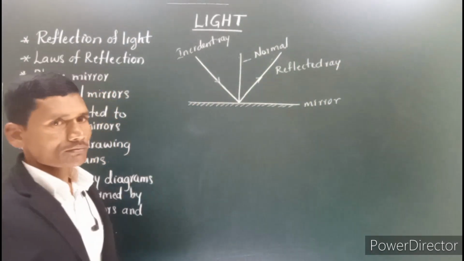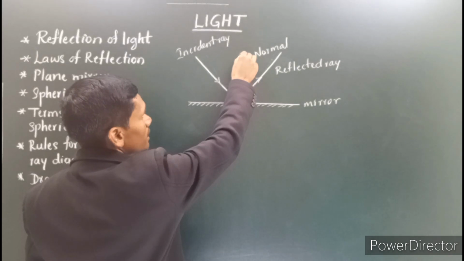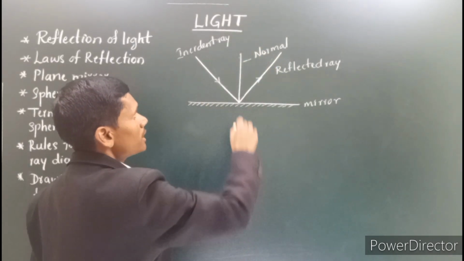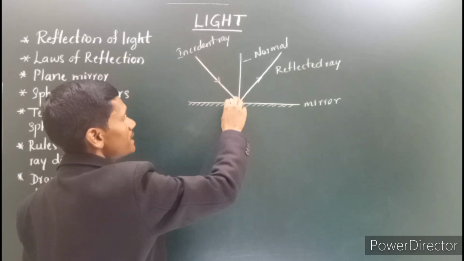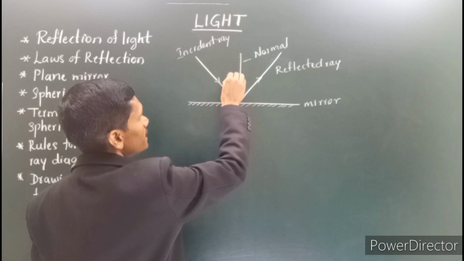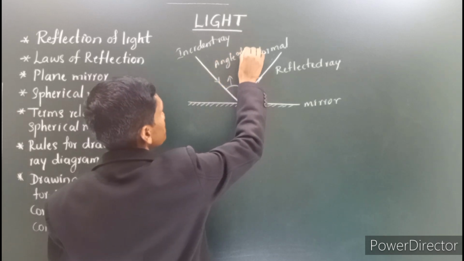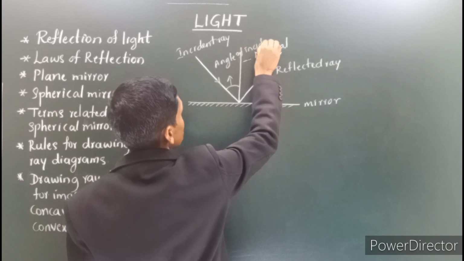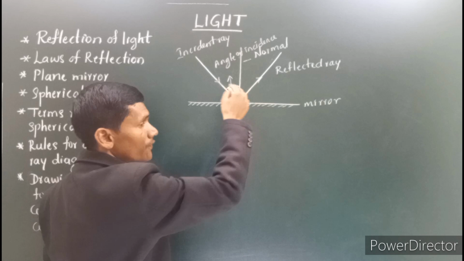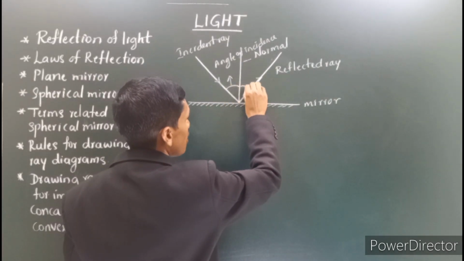Okay. Now, this incident ray is making an angle with this perpendicular line, which we are calling the normal. The angle made by this incident ray with the normal is called the angle of incidence, right? Now, when that light ray is bounced back, it is again making an angle with this normal.